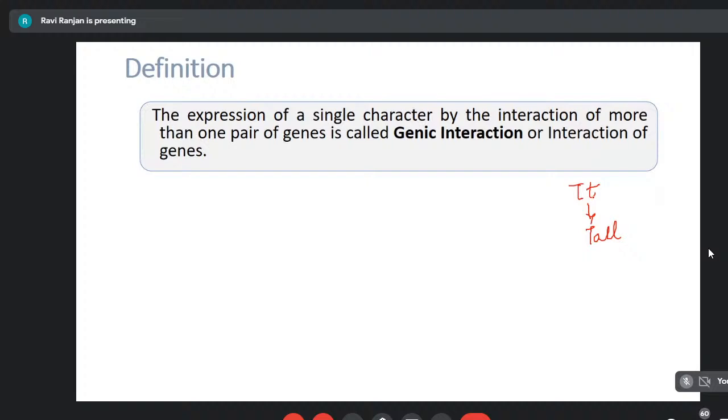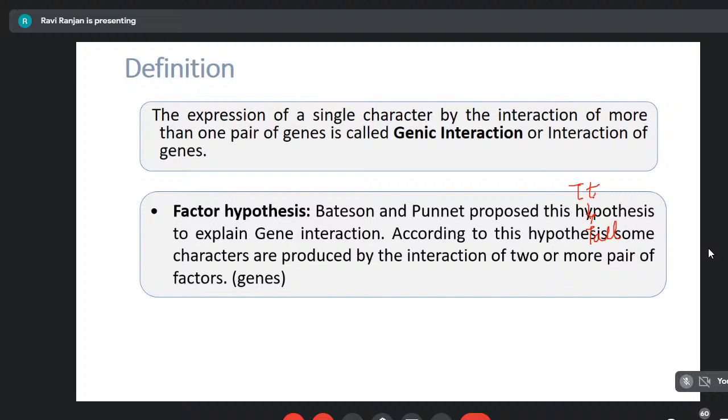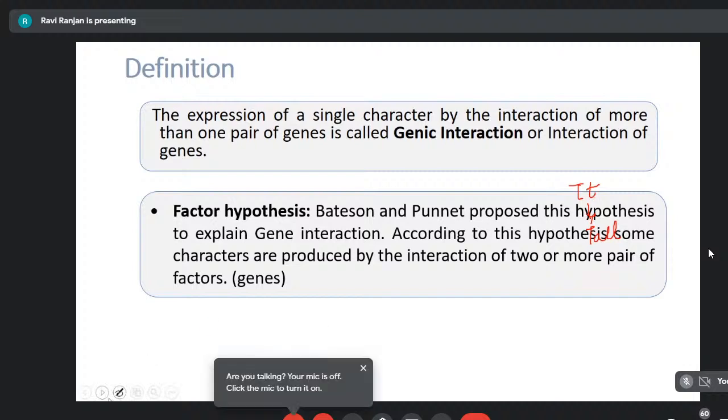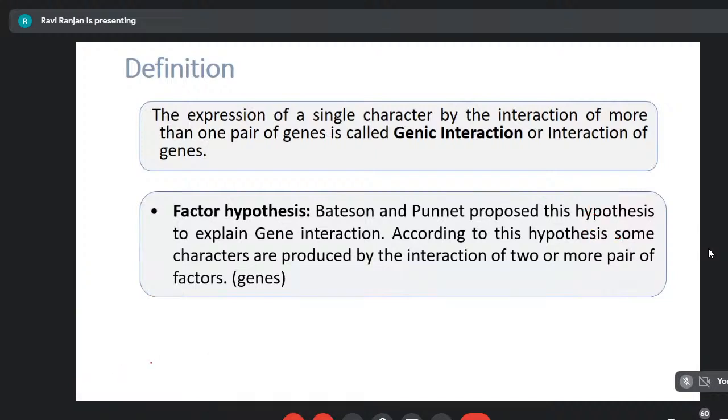There was a scientist named Bateson and Punnett. They gave a hypothesis which is known as the factor hypothesis. According to this hypothesis, there are some characters which are controlled by more than one pair of genes. Just as TT is one pair of genes controlling the height of the plant, there would be one more.